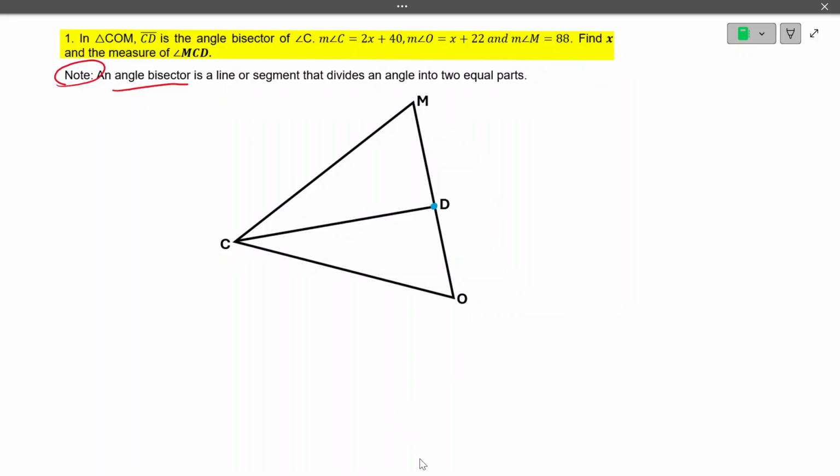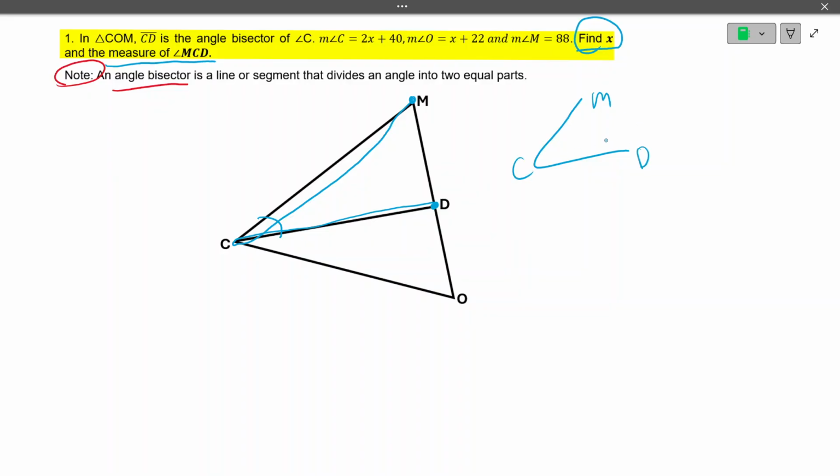Now, the problem is telling you to find the x and the measure of angle MCD. Where is angle MCD? It is this one, from vertex M to vertex C to this. So this is our angle MCD. Let's be reminded on how to name an angle.